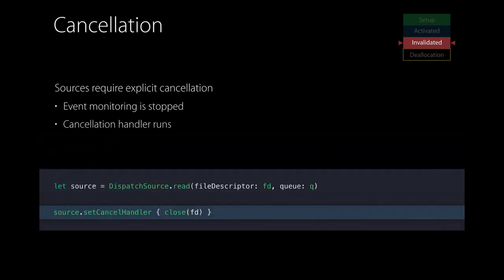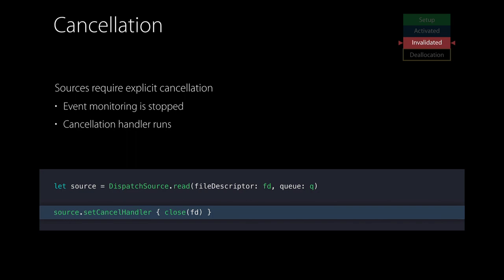The second thing it does is that if you set up a cancellation handler on your source, such as here, it will run on the target queue at cancellation time. That is where you want to get rid of the resource that you're monitoring, such as closing file descriptors and freeing memory.